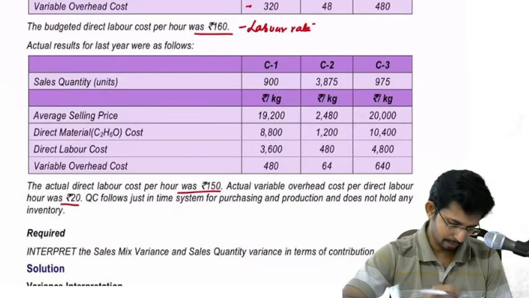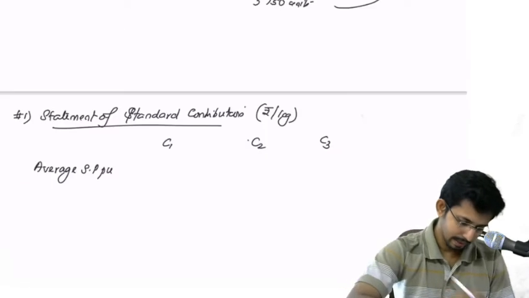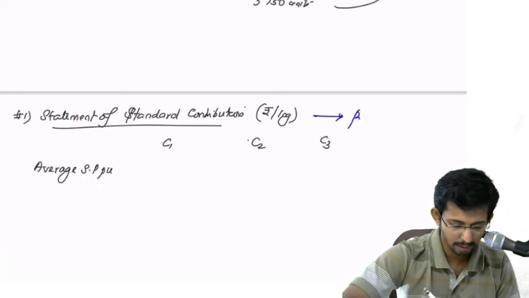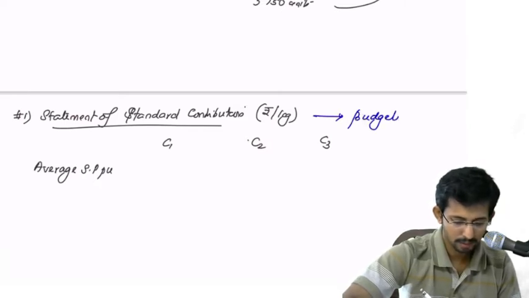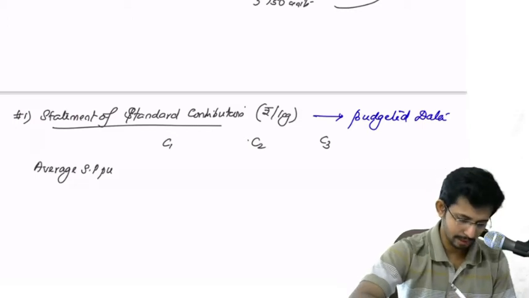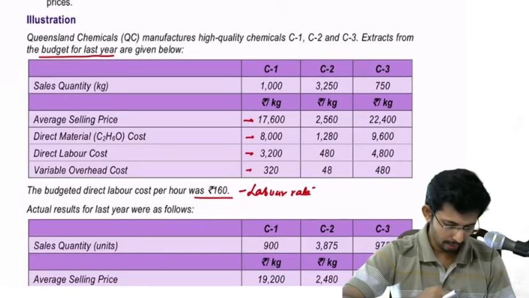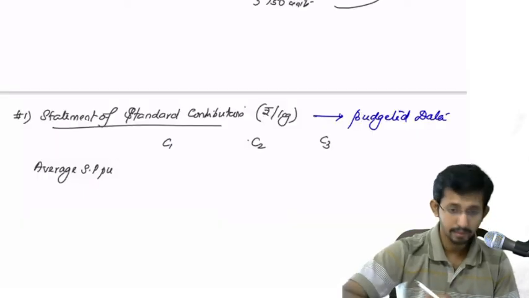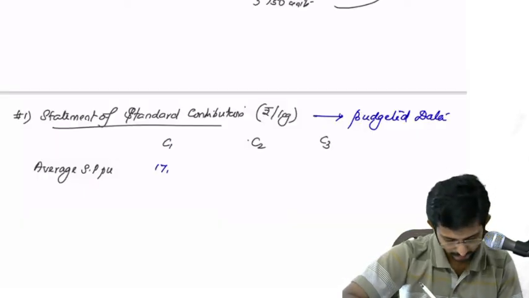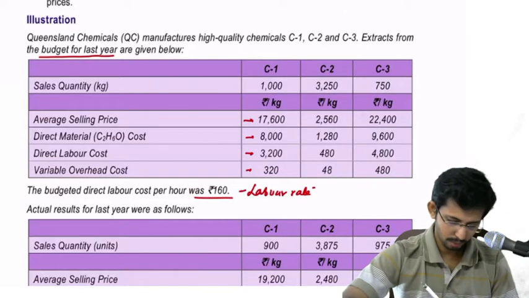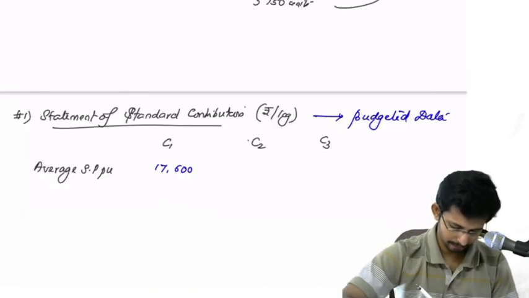What is the average selling price per unit? See, this is standard contribution, so you should do it based on budgeted data. So what is the information? 17600, 2560, 22400.